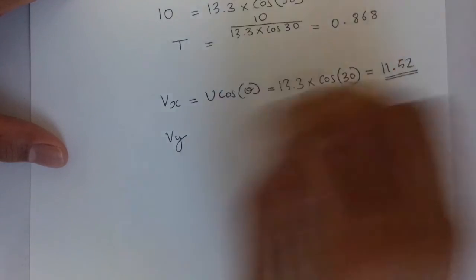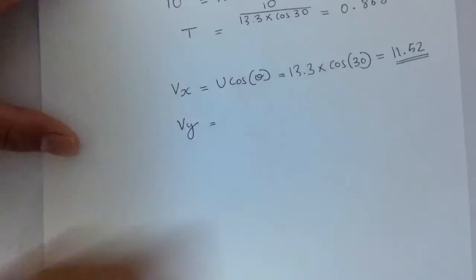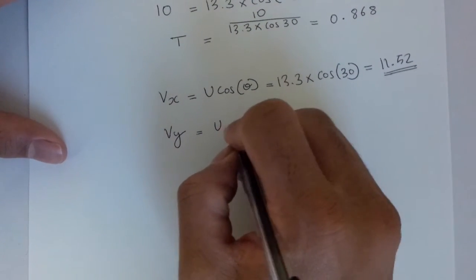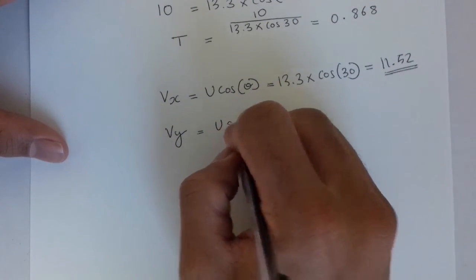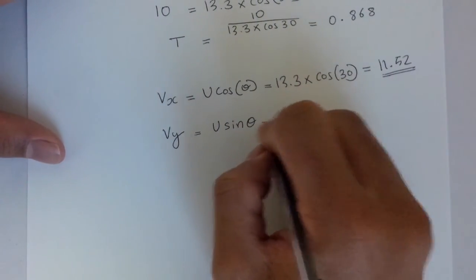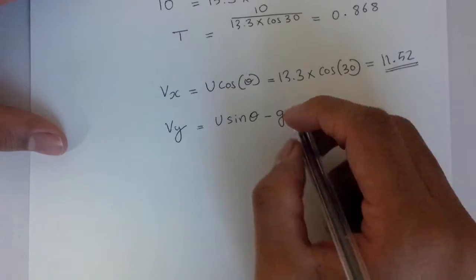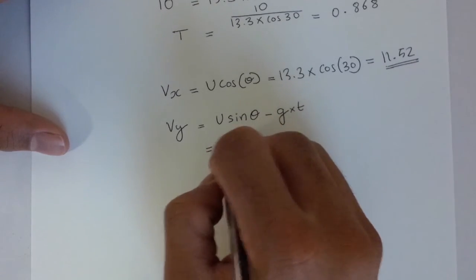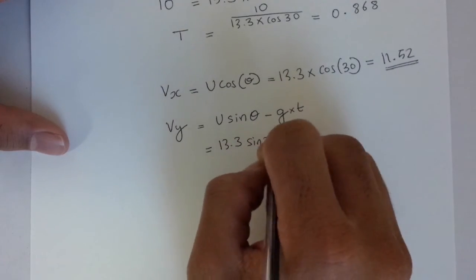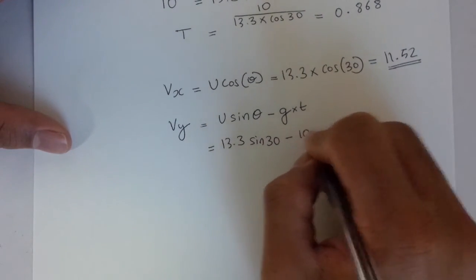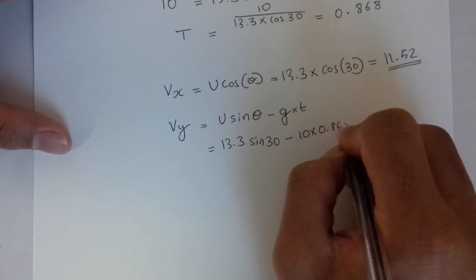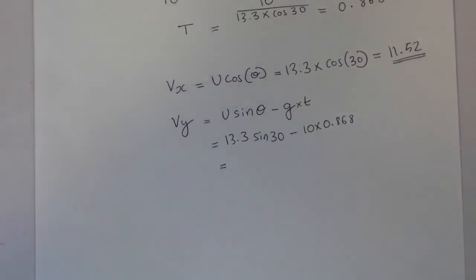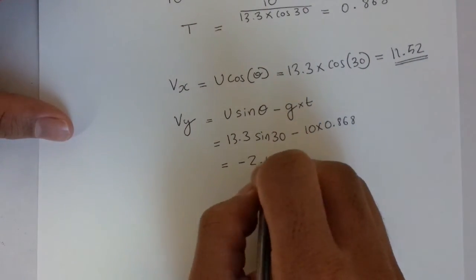This is the horizontal component of velocity, and the vertical component of velocity is given by initial speed into sine angle of projection minus acceleration due to gravity into time at that point. We get this by 13.3 into sine 30 minus 10 into 0.868. We will be getting this as minus 2.03.